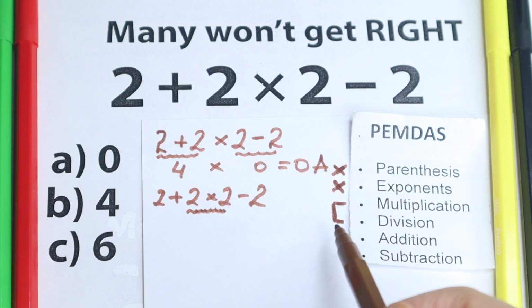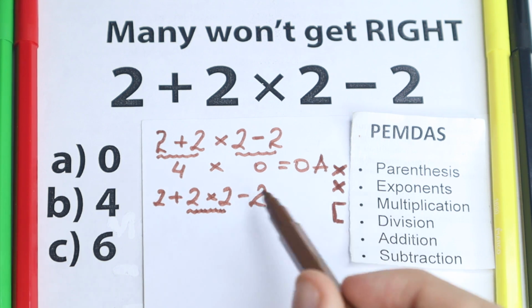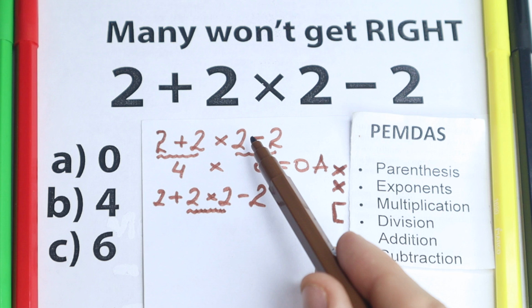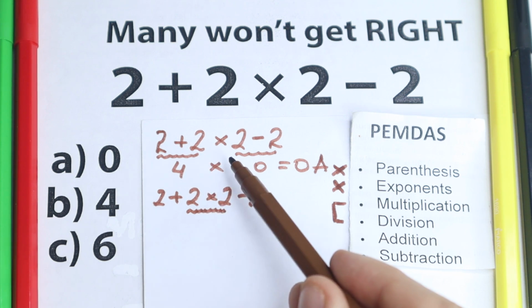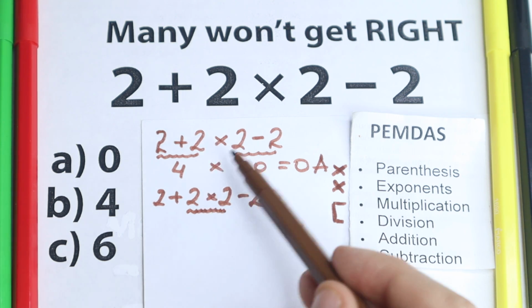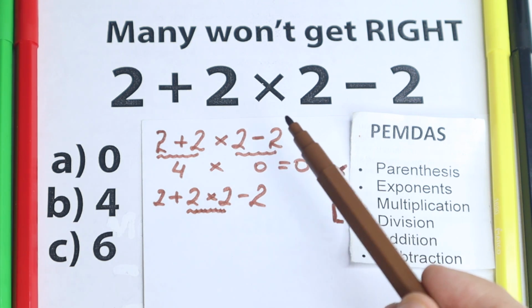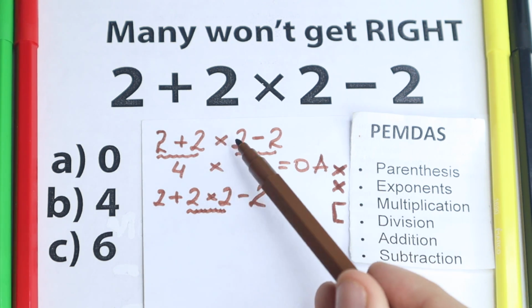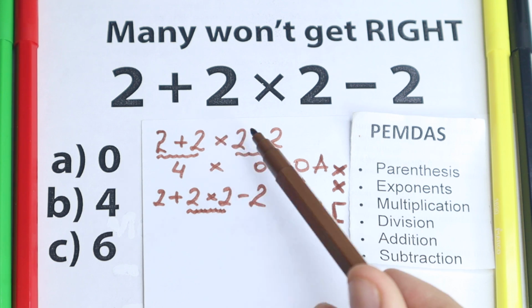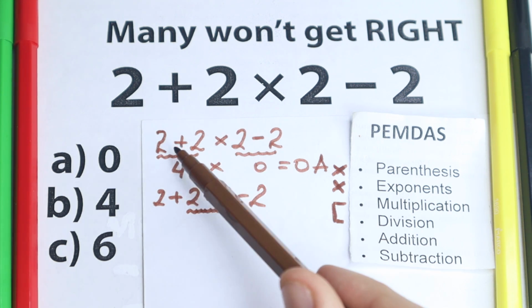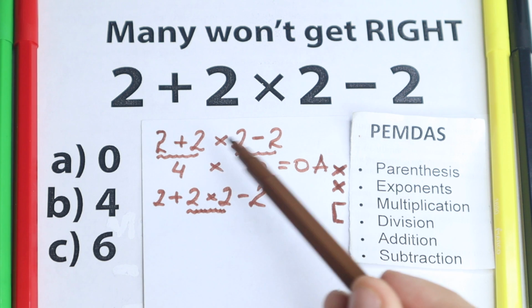So according to PEMDAS, the first step is multiplication, not addition and subtraction as I said before, which is how one part of you solved it. That's maybe the obvious solution, because everyone goes from left to right without caring about the operations, a little bit chaotic.